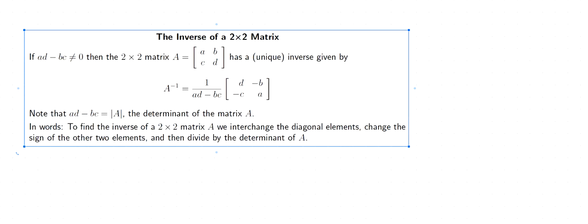So we get the adjoint, and then attach the sign. That is called the minor. So the solution would be 1 over the determinant of the matrix times the adjoint of A.